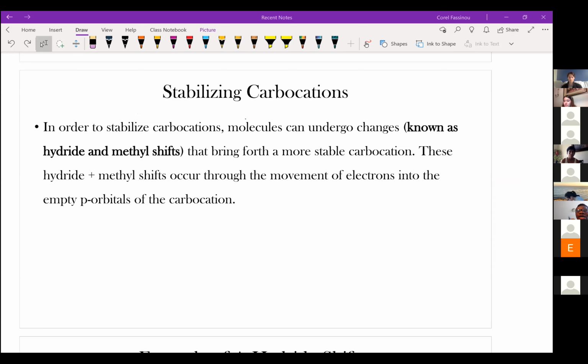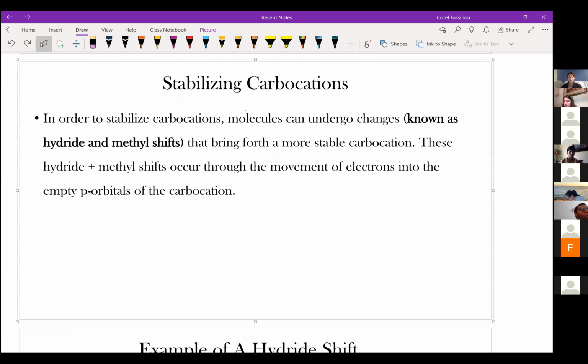So in order to stabilize carbocations, molecules can undergo changes known as hydride and methyl shifts that bring forth a more stable carbocation. And these shifts occur through the movement of electrons into the empty p orbitals of the carbocation.